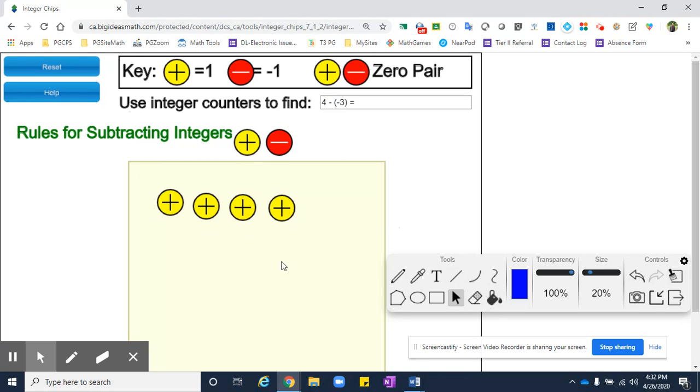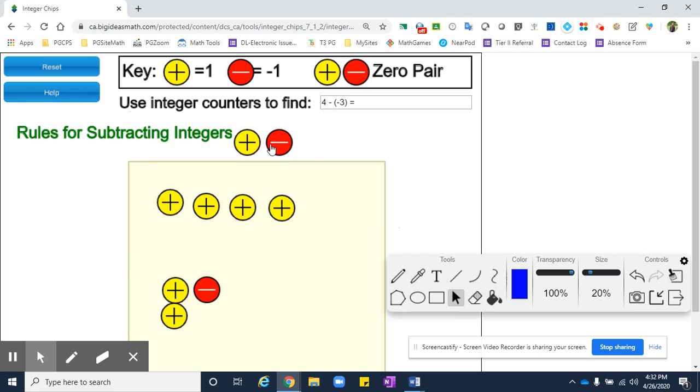Do we have any negatives in our mat? We do not have any. So what we need to do again is manipulate our mat and add 0 pairs. Again, 0 pair means it's equal to 0. So 4 plus 0 is still 4. We haven't changed the value of our mat.